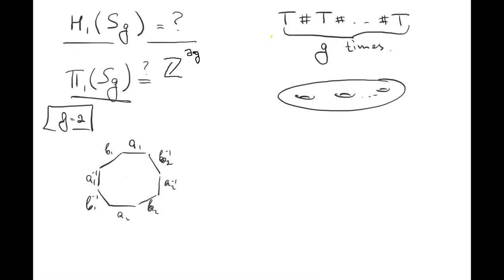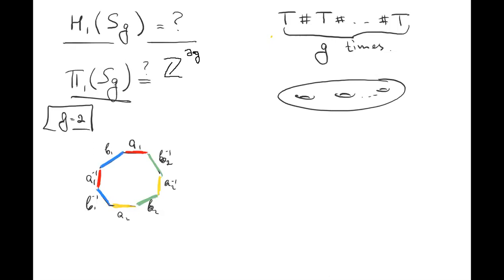Okay? Yeah. So how to read the pi1 from this picture? You have 4 edges: A1, A2, B2, and B1.